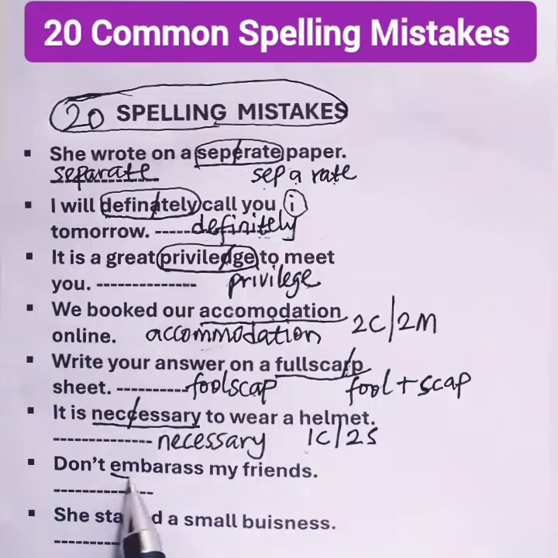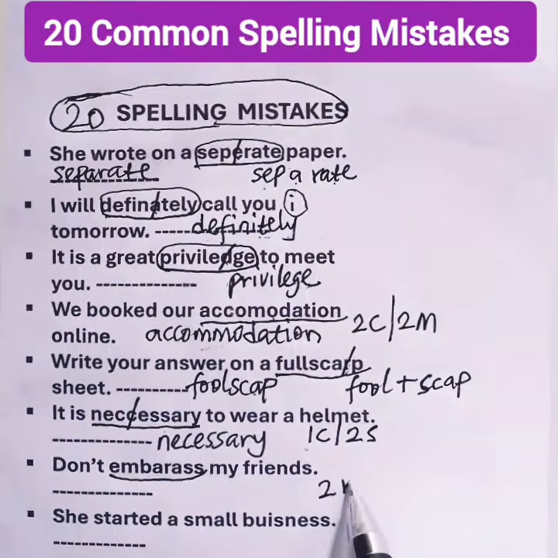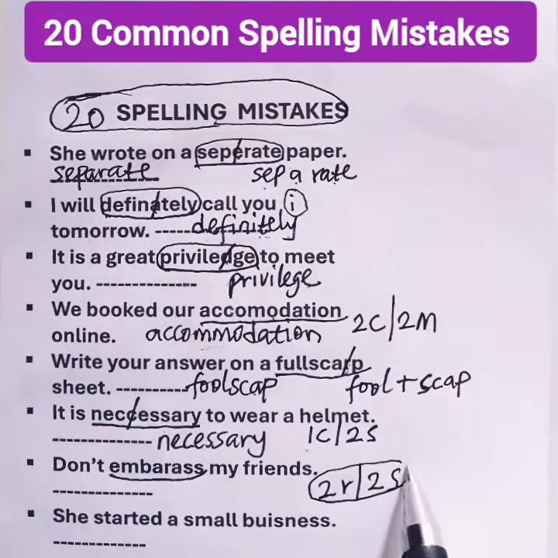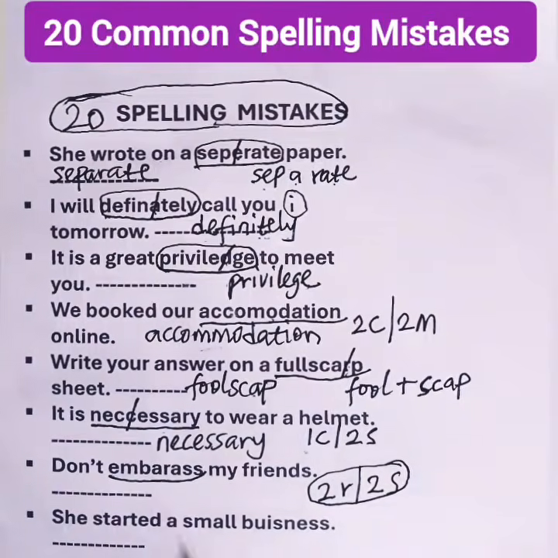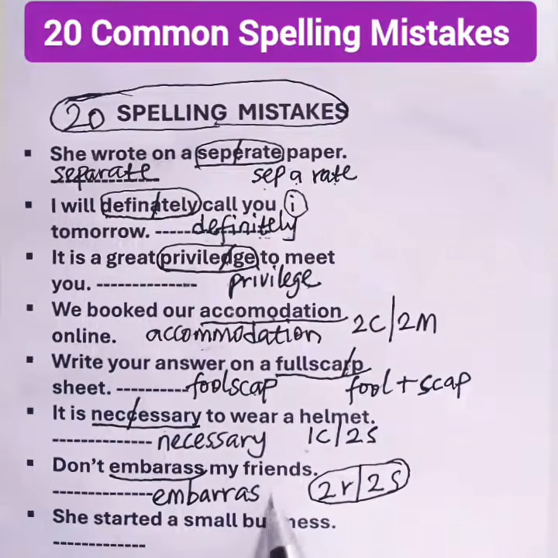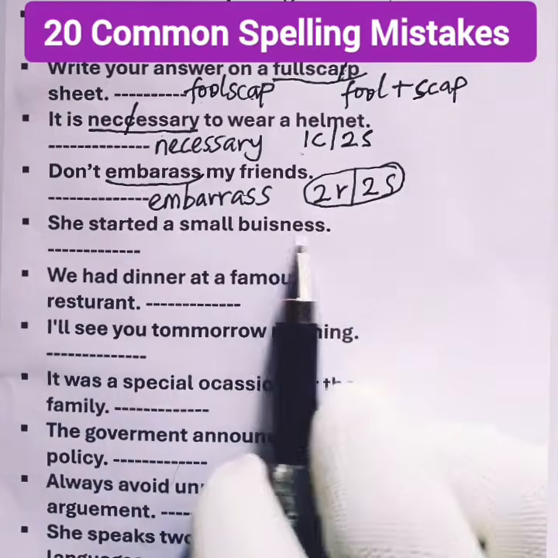This is wrong. Embarrass has 2 R's and 2 S. Always use this to remember the spelling. Now let's spell it correctly. Okay?